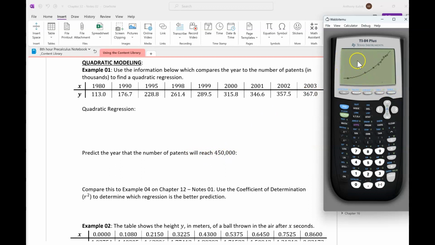If I go and graph 450, I don't see the horizontal line for 450 because the window is too short. So I need to move my window up some. I'm going to find my Y max, and I need to make that number bigger than 450.